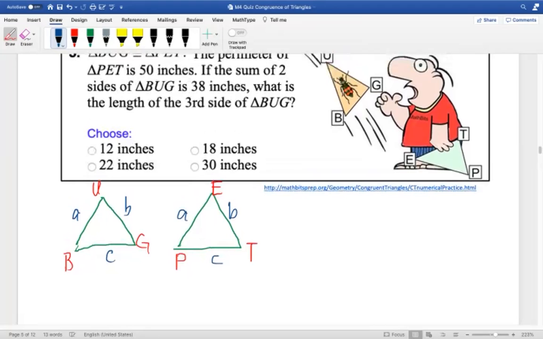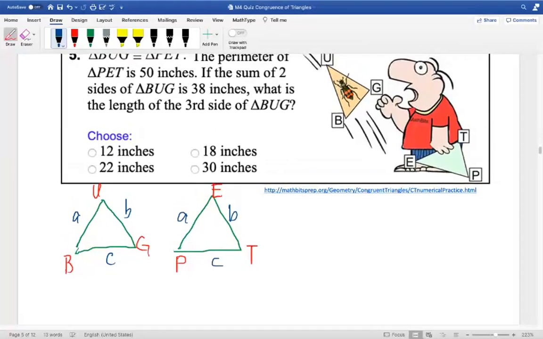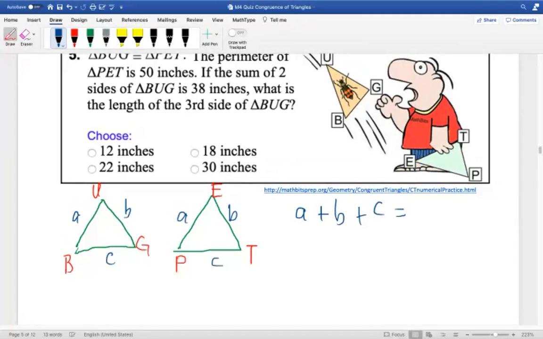Let's focus on triangle BUG. The given perimeter is for PET. We know that the perimeter is the sum of all the sides of the triangle, so A plus B plus C is equal to 50. If the sum of two sides of BUG is 38 inches, it was not specified which two sides, so any two would do.